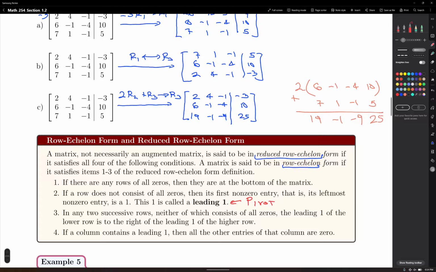That's what echelon means. It means like the step of a staircase, right? So we want to make this staircase shape on a matrix, right? And number four, if a column consists of a leading one, then all the other entries must be zeros above and below, depending on where we are in the matrix.